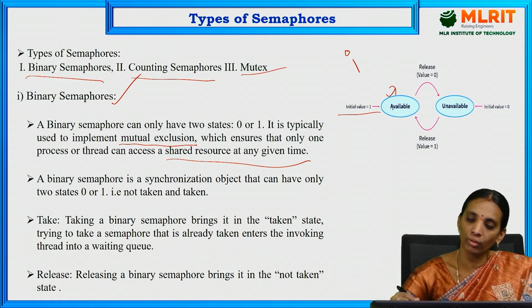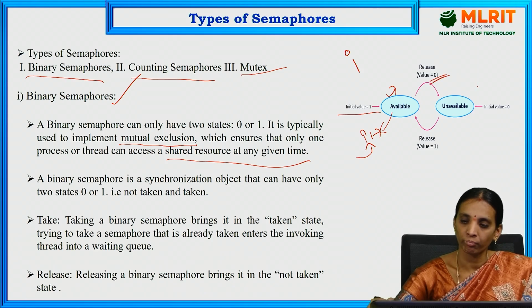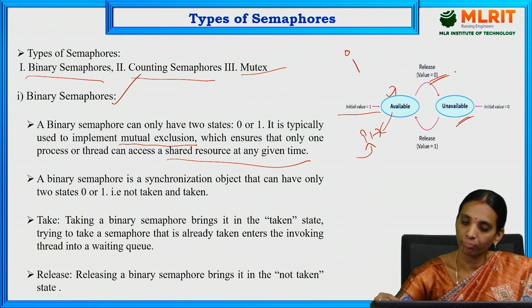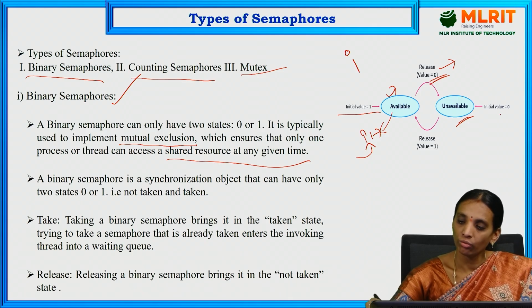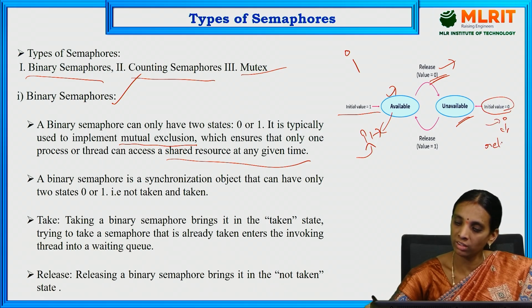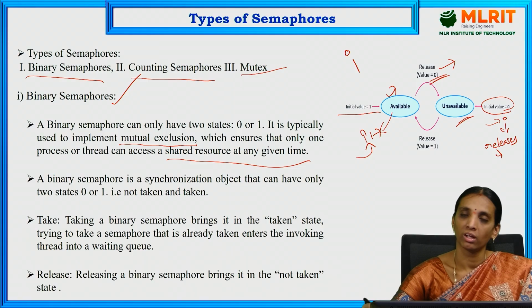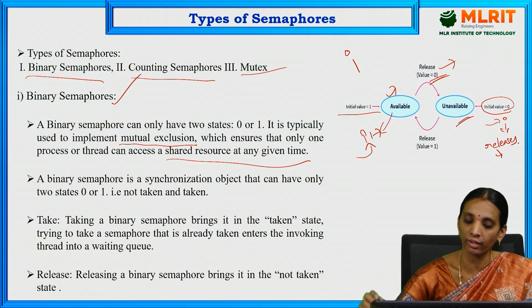Whenever a process enters into the critical section and is allocated these resources, the semaphore value is 0, which indicates that the resources are unavailable. Whenever the value goes back to 1, it indicates that the resources are released, and then those resources are available for other processes.